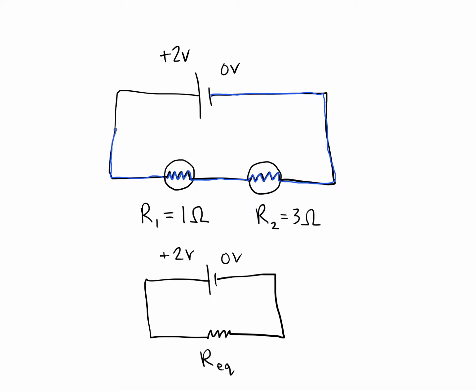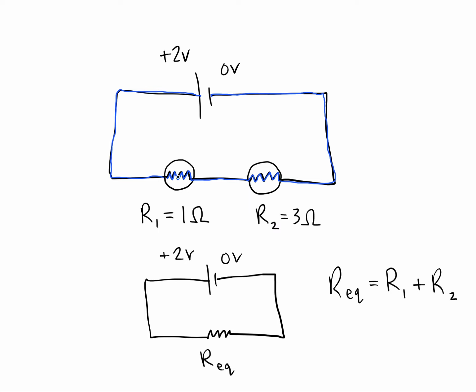Okay, so the rule for series resistors is to add them together. It's the opposite with capacitors. When we have capacitors in series, the resulting capacitance is less than either of the 2 capacitors were alone.